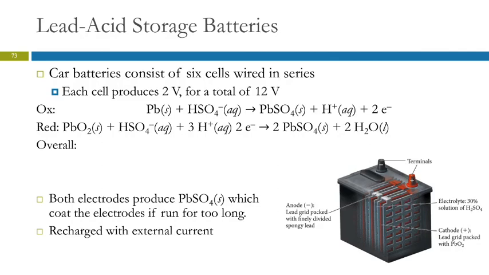So it is being recharged every time you drive your car. But eventually, it's not going to work anymore because things aren't perfect, basically. Stuff happens. So in a perfect world, if everything went as we desired, you could recharge this thing indefinitely. But it doesn't work that way.